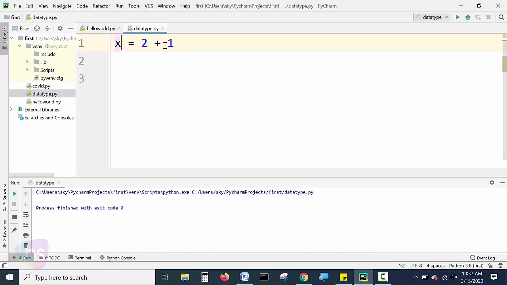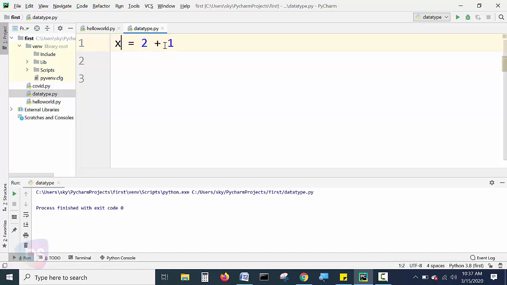Now I am assigning 2 plus 1, where 2 is a numeric digit and 1 is a numeric digit, with an arithmetic operator. The result of 2 plus 1 is simply 3. In real-time programming, these may be dynamic values with the plus symbol, and it will be calculated automatically.